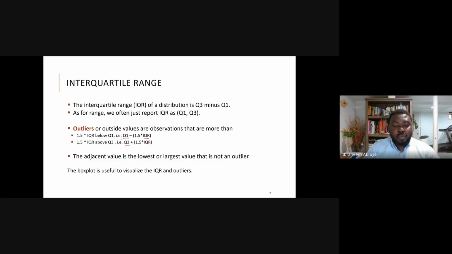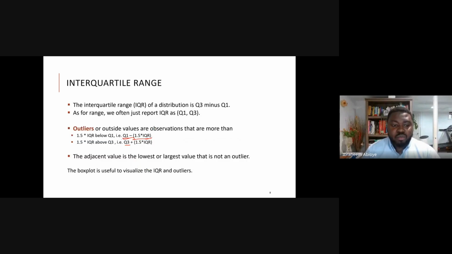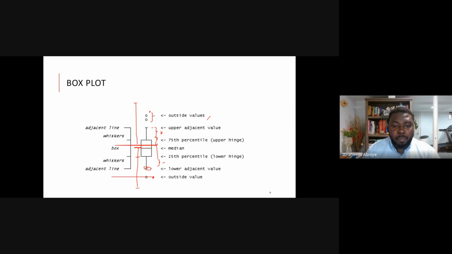If you calculate this value, what you get is the lower adjacent value. If you calculate Q3 plus 1.5 times the interquartile range, what you get is the upper adjacent value.